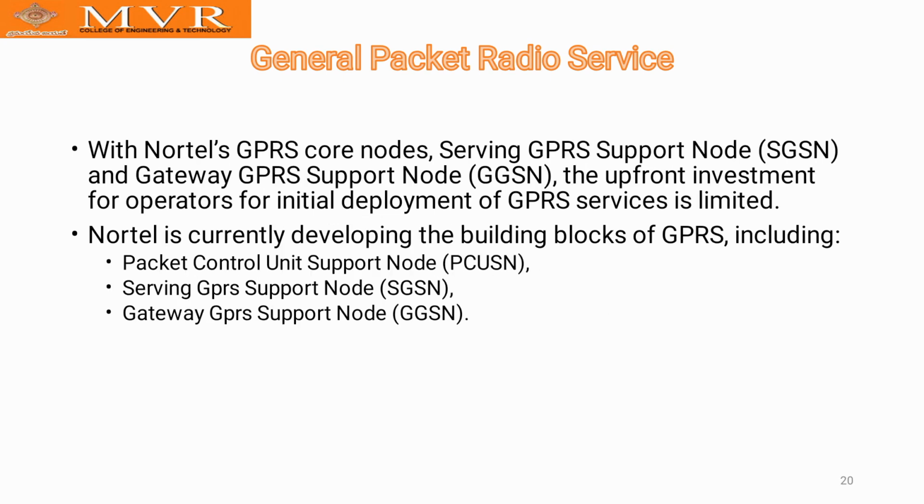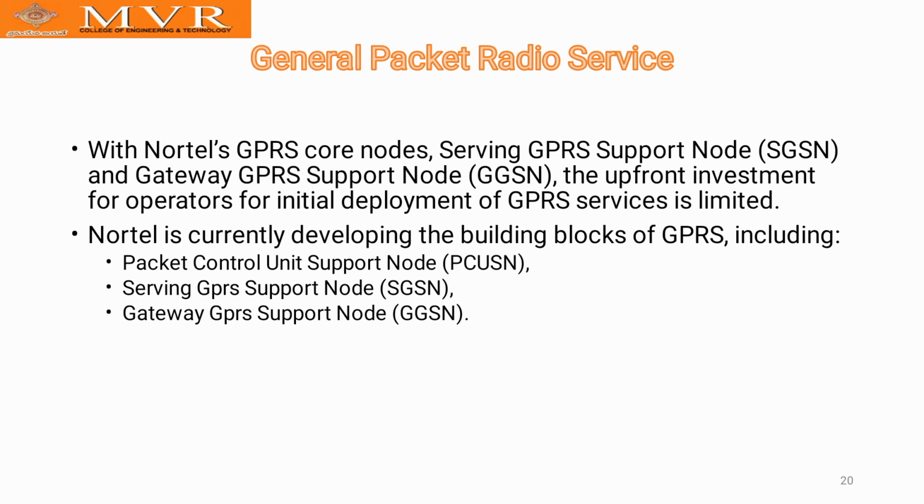In general packet radio services, there are the core nodes: serving GPRS support nodes and gateway GPRS support nodes. The upfront investment for the initial development of GPRS services is limited.